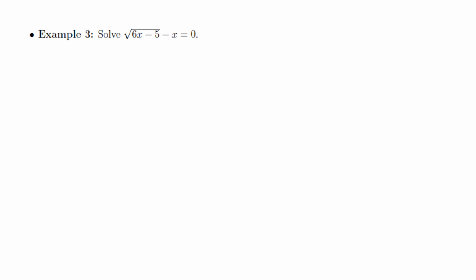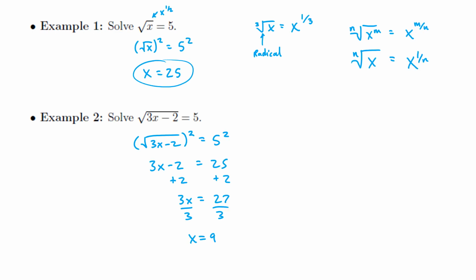Okay, so in this one, we have a situation where we've got a square root of 6x minus 5, and then there's an x outside the square root as well. So let's first understand that the reason in this last one why the square and the square root just eliminated is because the square root is the only thing I was squaring.